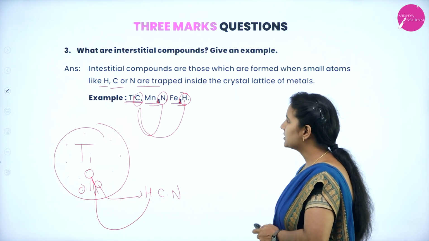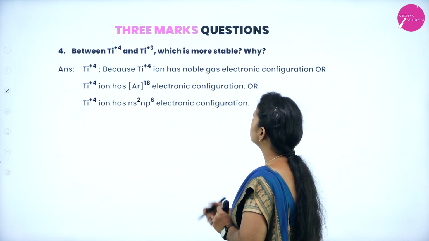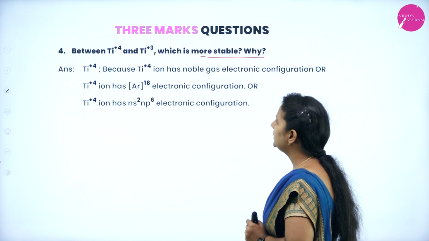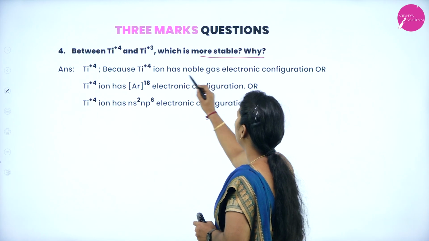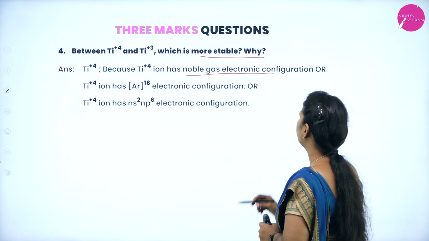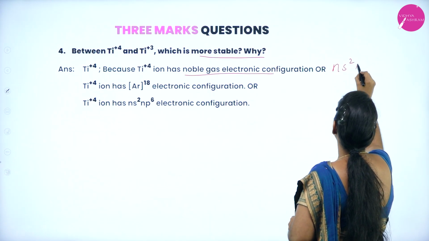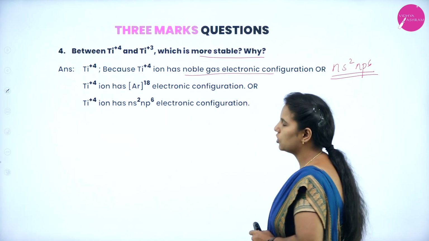Next question. Between titanium plus 4 and titanium plus 3, which one will be more stable and why? Titanium plus 4, because titanium plus 4 has a noble gas electronic configuration. Why does it have a noble gas configuration? Because in its valence shell, it has completely filled electrons.